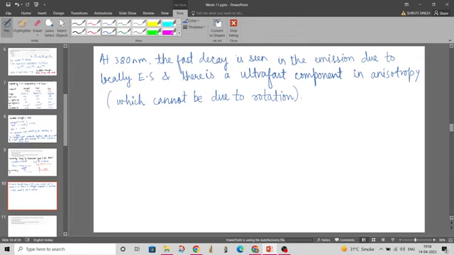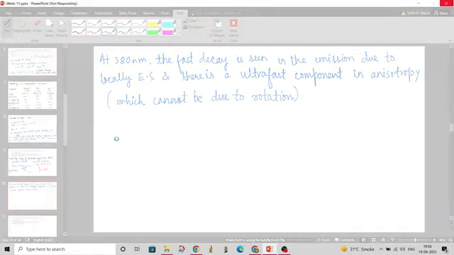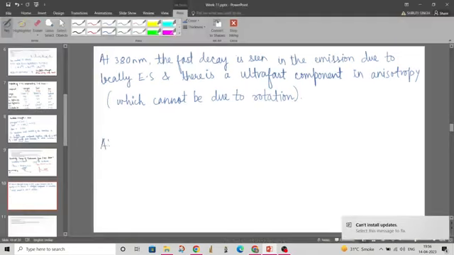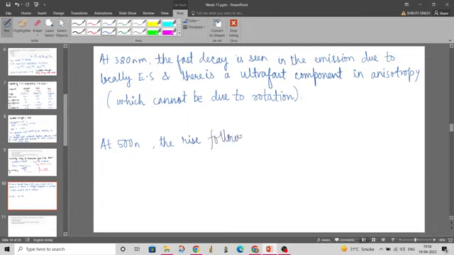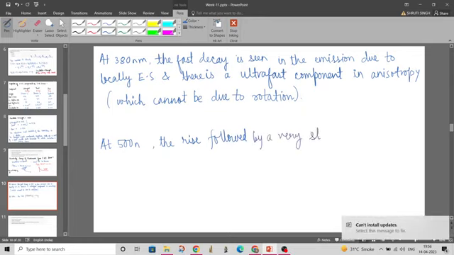Okay, and in the red edge, the 500 nanometer, there was a rise in the fluorescence spectrum, followed by a very slow decay, due to tautomer.